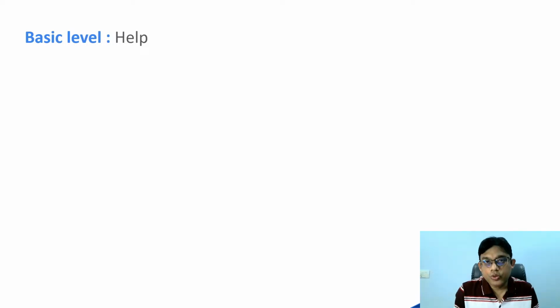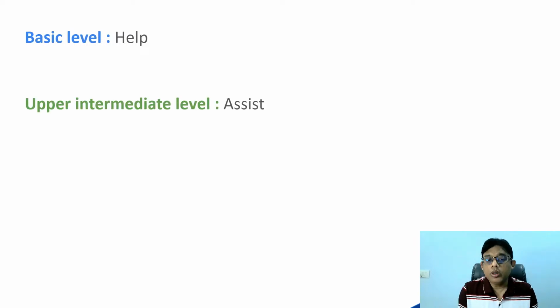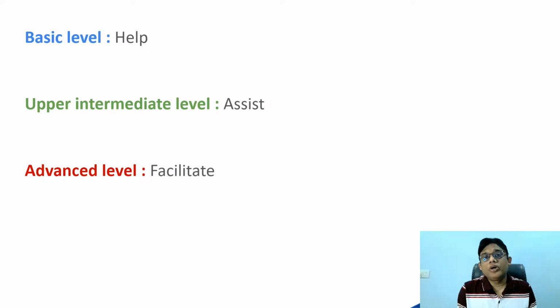So the first word is help. At a basic level, we use the word help. At a more intermediate level, we use assist. And at a more advanced level, we use the word facilitate. So I want you to make a sentence either with the word assist or with the word facilitate, and type in the chat box.